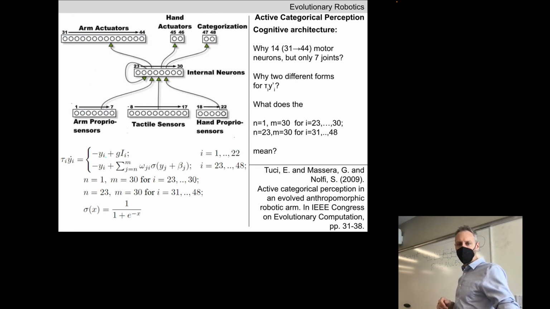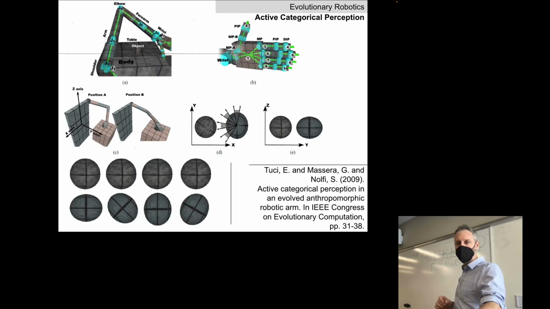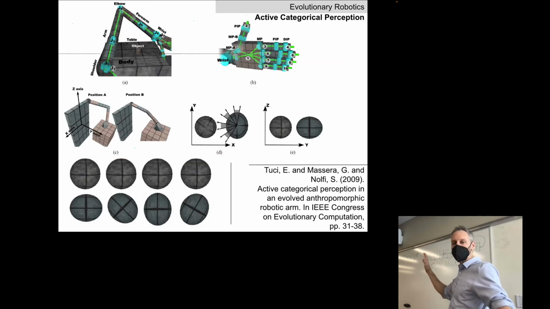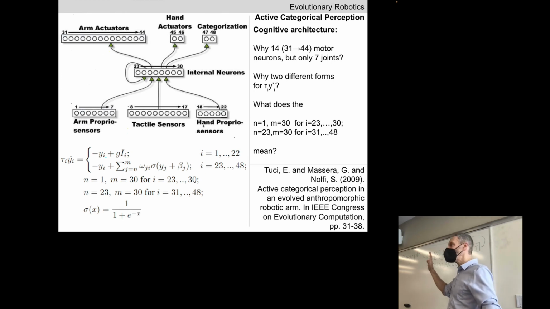And then we have an additional 5 in the hand, 18 through 22. Where are those additional 5? I see 10. I must be missing something. Okay. I'm not sure why they're distinguishing between tactile sensors. Oh, sorry, hand proprioceptive sensors. That's why. 10 tactile sensors in the hand, 10 touch sensors. And we have 5 proprioceptive sensors in the hand.